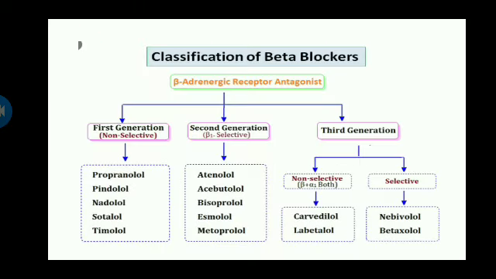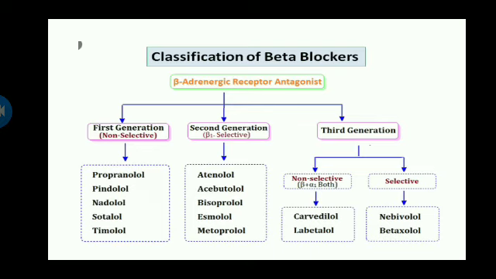Coming to beta blockers, we divide them into three main categories. One is first generation, which we can also call non-selective drugs. Second is second generation, which we call beta 1 selective drugs. The last one is third generation. First generation drugs: propranolol, pindolol, nadolol, sotalol.